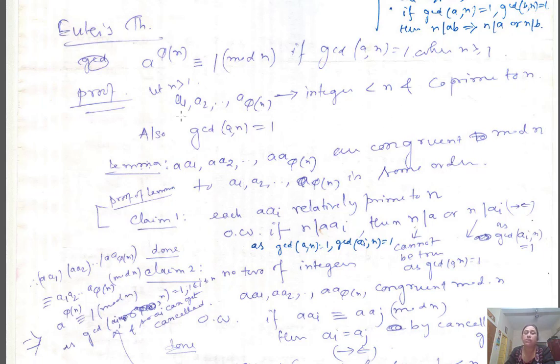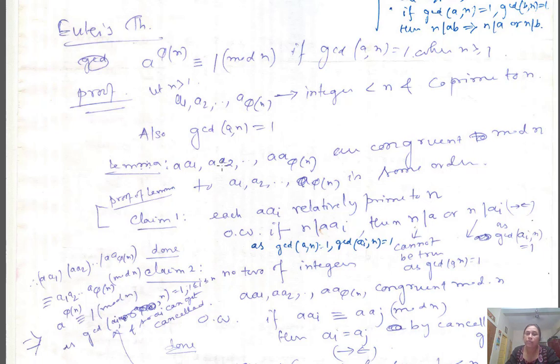Instead of starting with 1 to p minus 1, like in the case of Fermat's little theorem, we start with this and take these products a1, a2, up to a phi n. Then you prove the first lemma, that none of these are divisible by n.